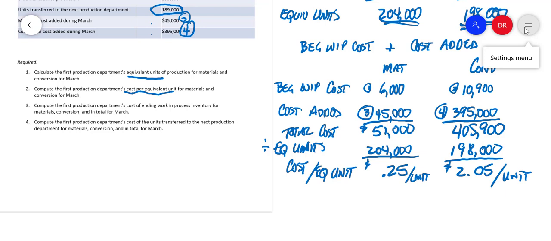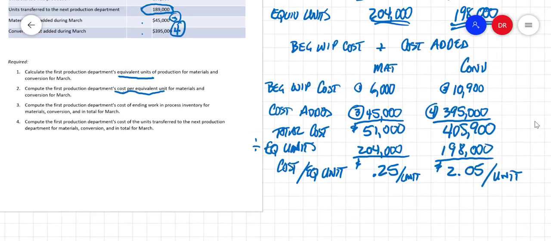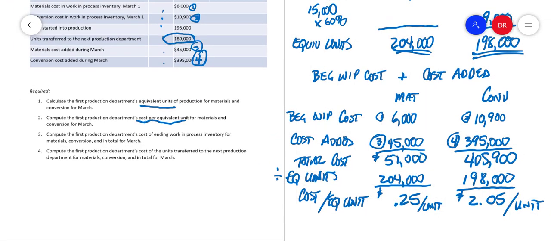Number 3 says, compute the first production's cost of ending work in process inventory for materials, conversion, and in total for March. So that's number 2 right here. Number 1 was up here.